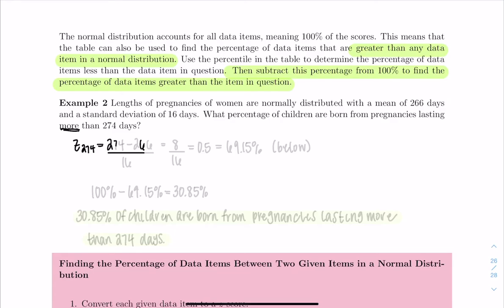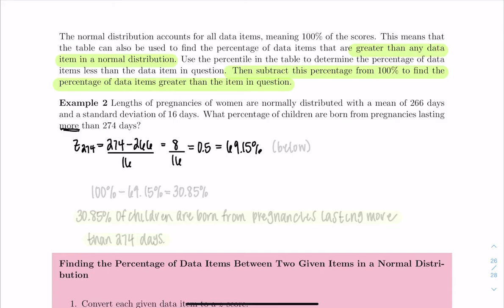And so we take 274 and we subtract the mean, which is 266. And then we want to divide by the standard deviation, which is 16. Well, this gives me 8 over 16, which is 0.5.